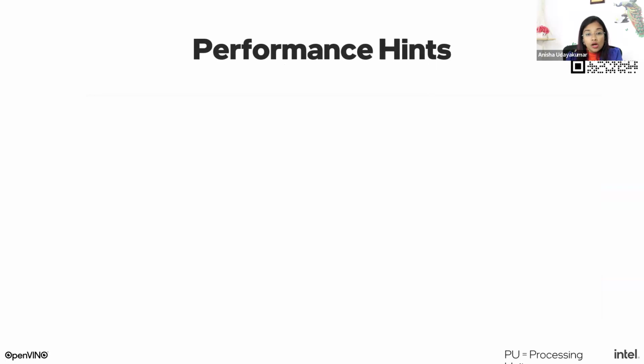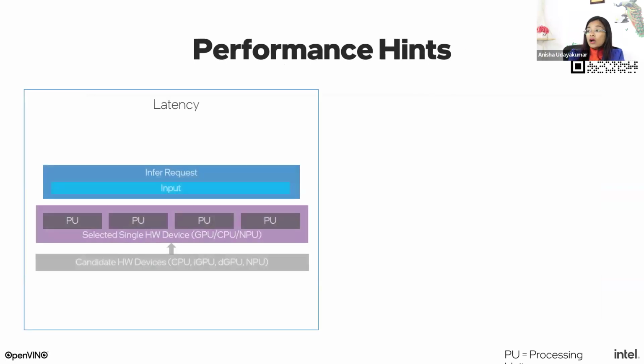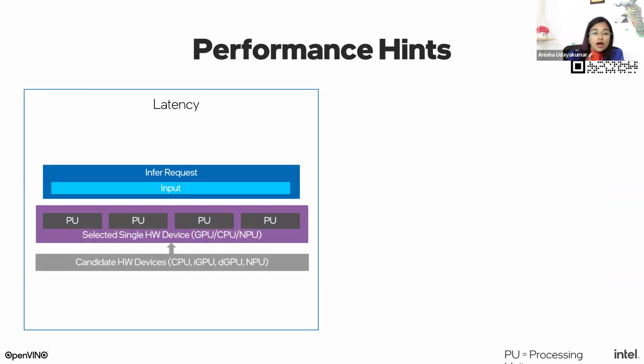And coming to the performance, like I've been talking about optimizing the model and improving the performance, what is the use of these performance hints that you see in the code snippet? They allow you to express your target scenario with just a single config key. The device adapts after you mention the hint, optimizing its performance to meet whatever specific need we have as a developer. So it's all about working smarter and not harder.